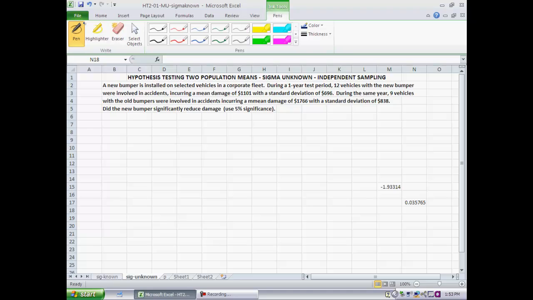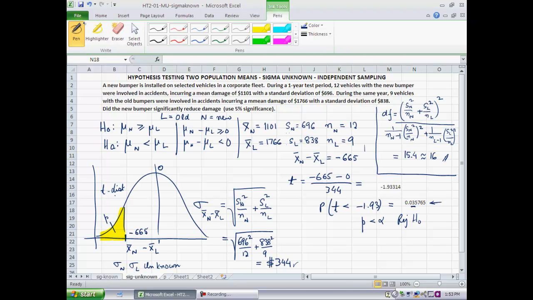So my final conclusion is the following, that if I'm willing to accept a 5% chance of making a type 1 error, the wrong call, then I will conclude that yes, indeed, the new bumper does reduce the average damage compared to the old bumper.